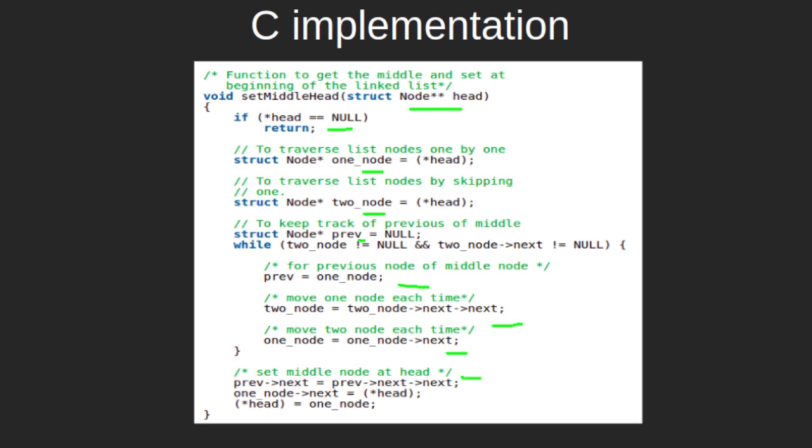Now we will set middle node at head of the linked list. For that, we set next of prev to point to next of 1_node. After that, we point next of 1_node to point to head of the linked list. And finally, we update the head by making middle node as head node.